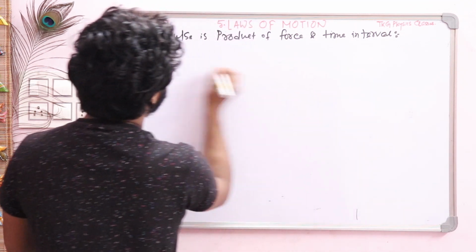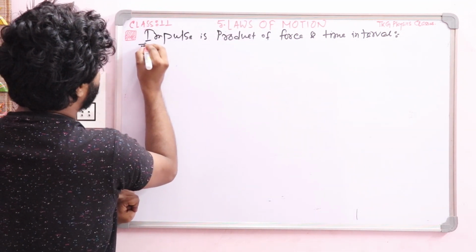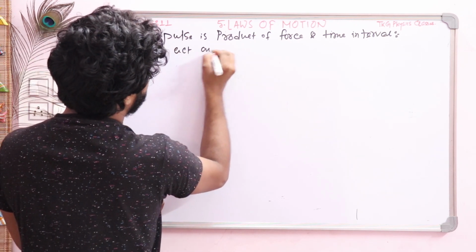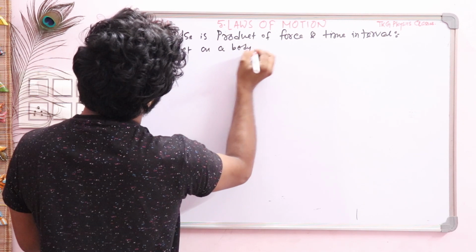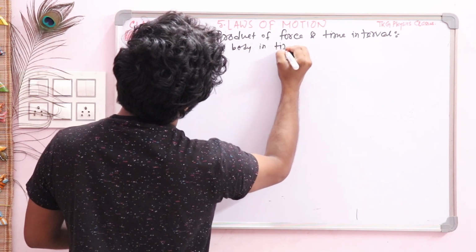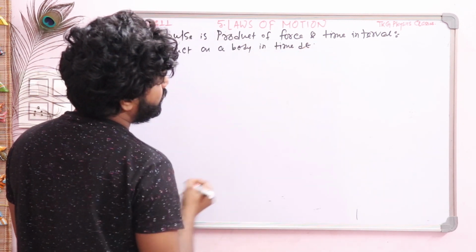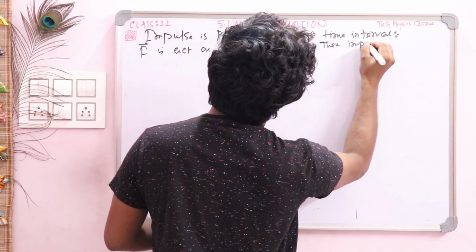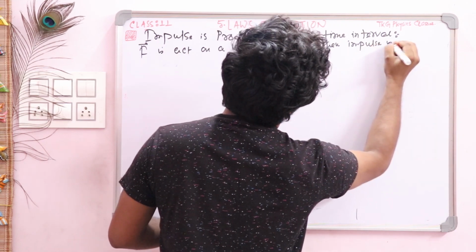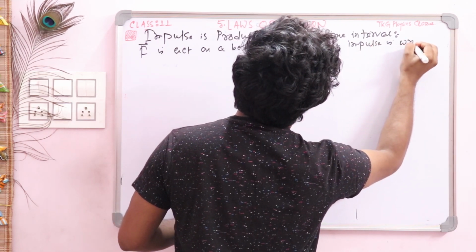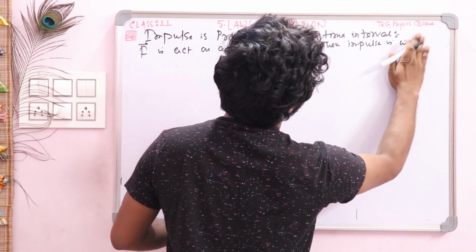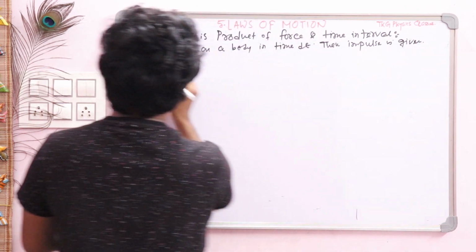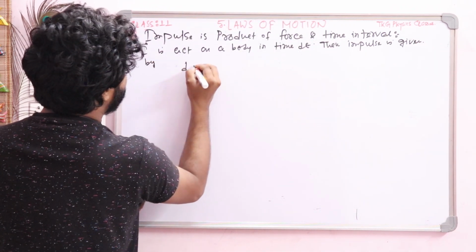Suppose a force capital F vector is acting on a body in time dt, then impulse is given by dJ.